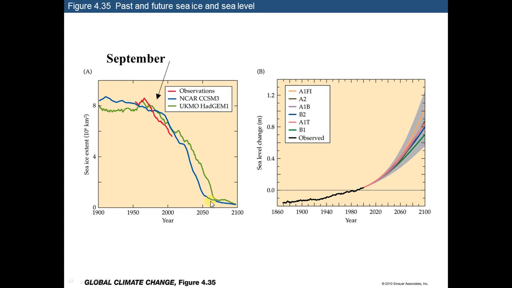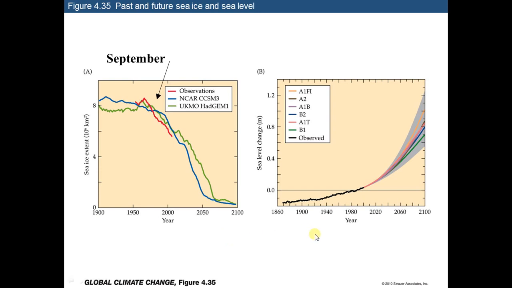But once you get down to 1 million square kilometers, that's so little ice compared to what had been seen, right? And they definitely show, later in the 21st century, basically ice-free Arctic summers, right? There's a reason we've been talking about that.